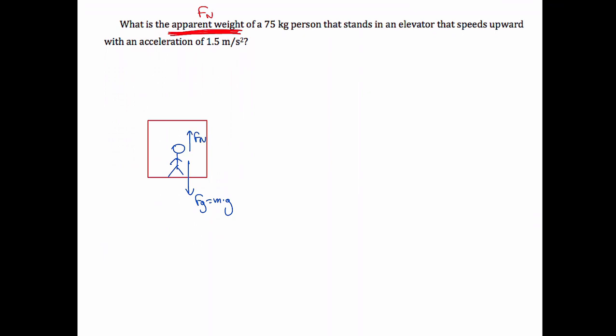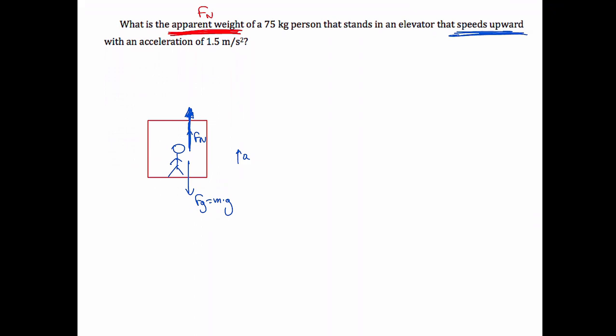If the elevator is not moving, or it is moving with constant velocity, the normal force is equal to the force of gravity. But in this case, the elevator is speeding upwards. So there is an acceleration upwards, and this means that there is greater force upwards. So the F normal will not be equal to the force of gravity.